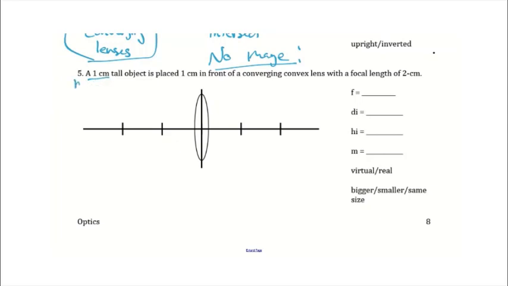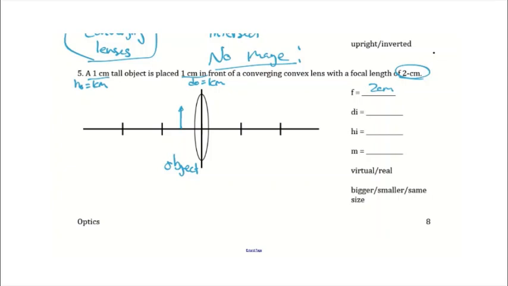That's HO is 1 centimeter. The object distance is 1 centimeter. And my focal length is 2 centimeters. So let's go ahead and measure carefully using our ruler and then draw our object. So there we have our object.